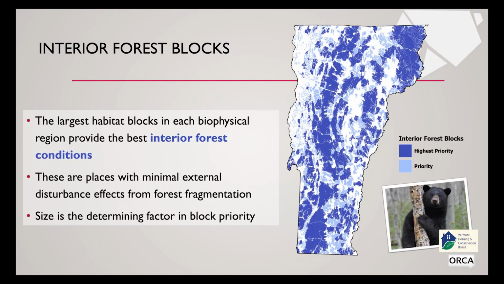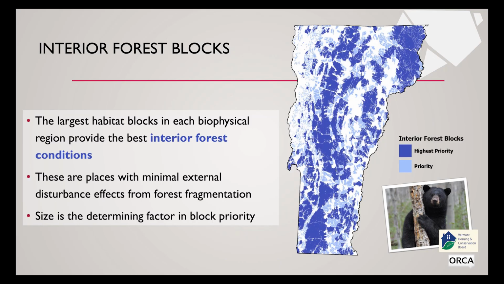When you do that, and then you set some thresholds for what cutoff you use, you get this map. And you can see on this that our best interior forest in places like the Champlain Valley looks really different in size than our best interior forest in the Green Mountains or in the Northeast Kingdom.